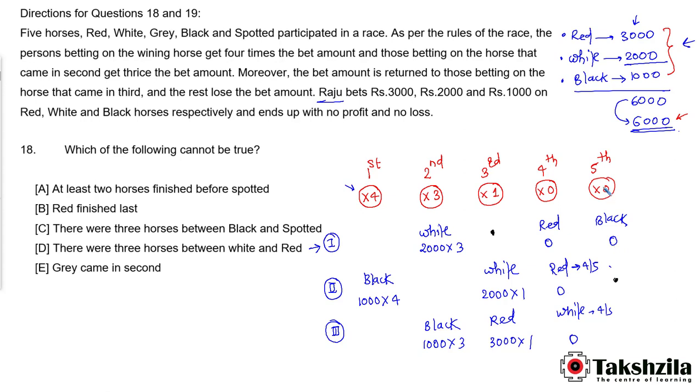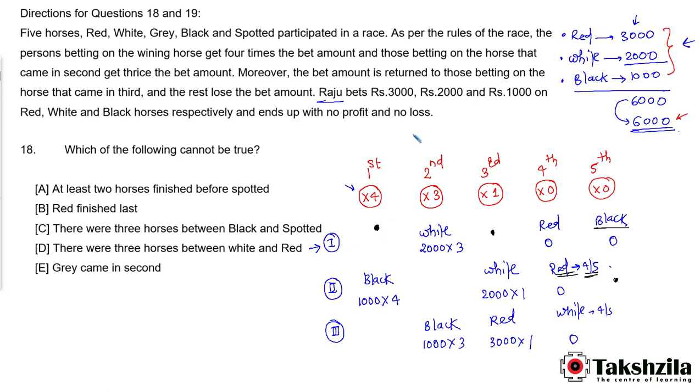Option B, red finished last. Over here red can come on 4th as well as 5th. So it may be possible that red is going to finish last. Then statement C, there were 3 horses between black and Spotted. Black is over here, Spotted can be over here. So there are going to be 3 horses between black and Spotted.